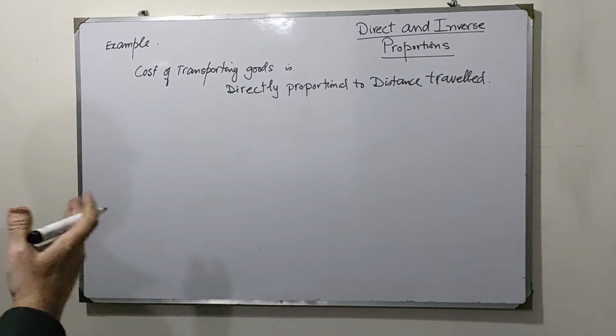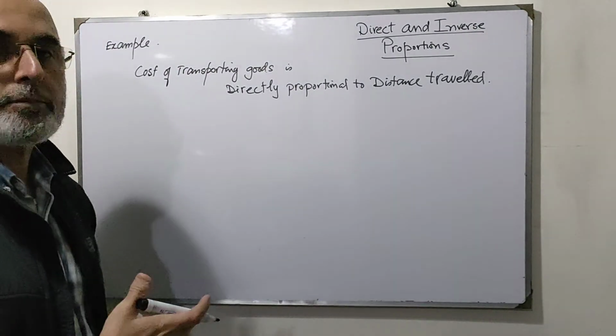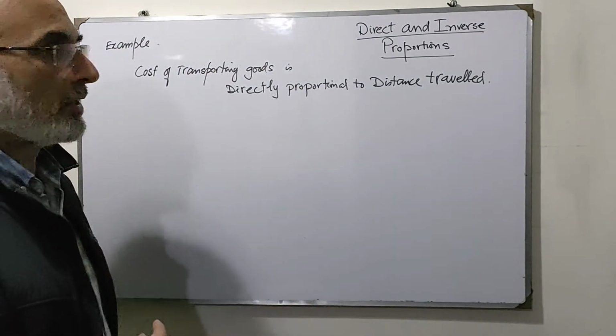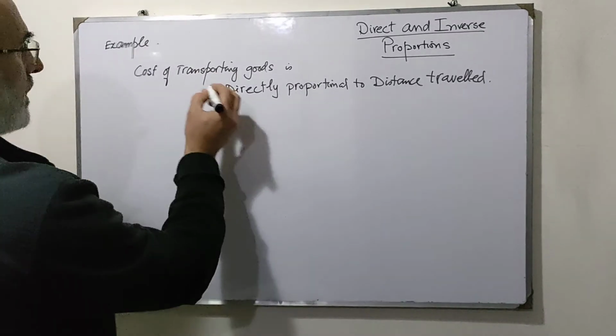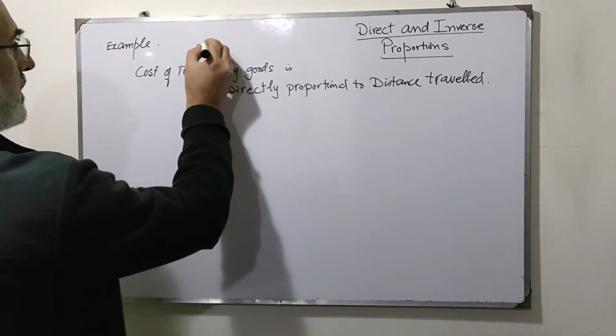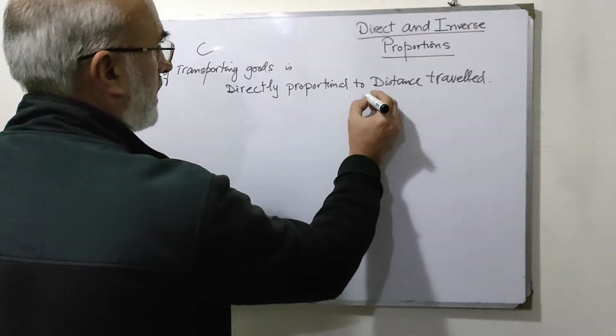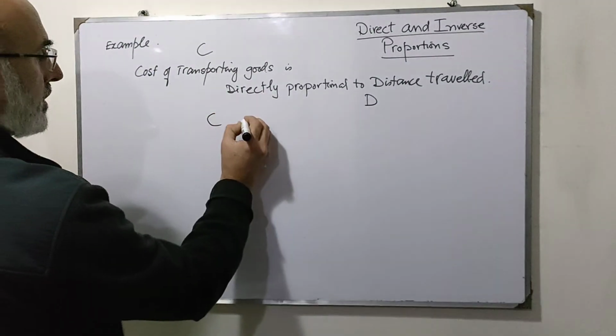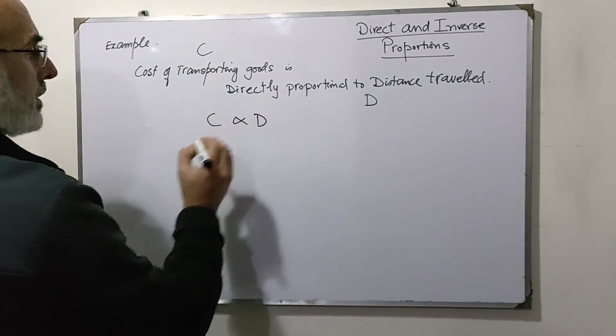Okay, so the cost of transporting goods is directly proportional to distance traveled. So we can say, if this is C and this is D, what we are saying is C is directly proportional to D, right?